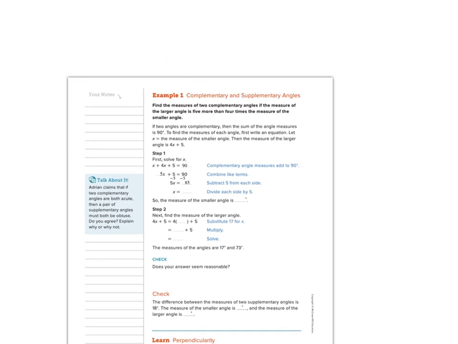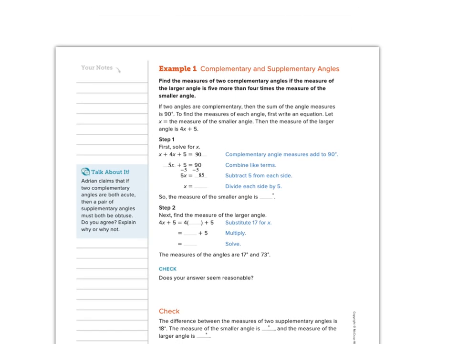And then here, so as we start using some of this information, complementary and supplementary angles, it says find the measure of two complementary angles if the measure of the larger angle is 5 more than 4 times the measure of the smaller angle.